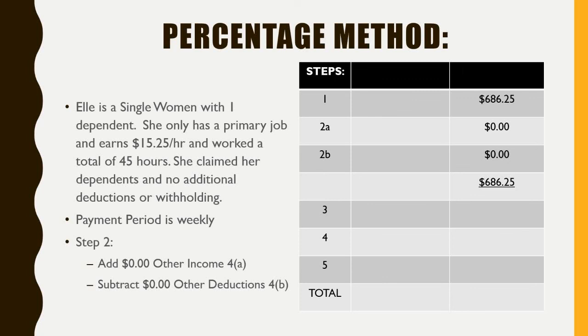Step 3 asks what other deductions she can have. In this case, she claimed no extra deductions, so step 3 is 0 as well. That means the total amount of taxable income is a grand total of $686.25. Okay? And this is the total amount of taxable income.